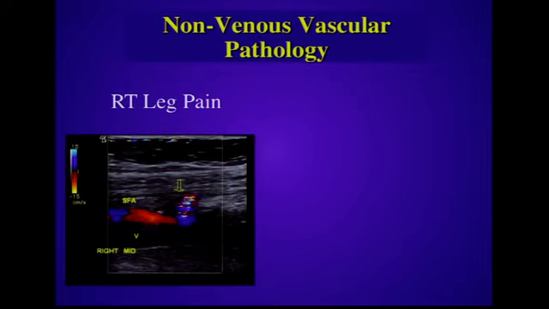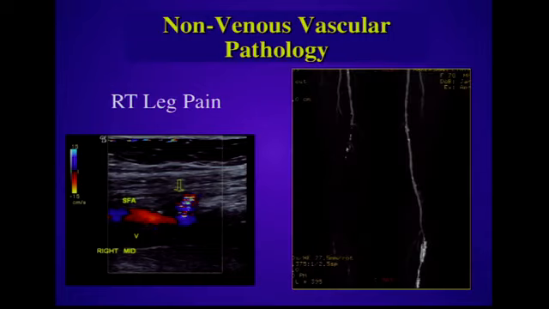And since the artery and the vein always run together, during examination of the deep structures, one should always be paying attention to the arteries as well as the veins, looking for evidence of arterial stenosis or underlying arterial occlusion. This patient went on to have a magnetic resonance angiogram to better delineate the extent of the arterial occlusive disease.